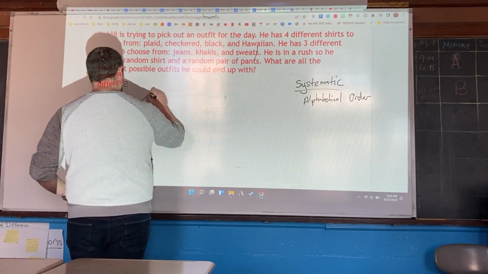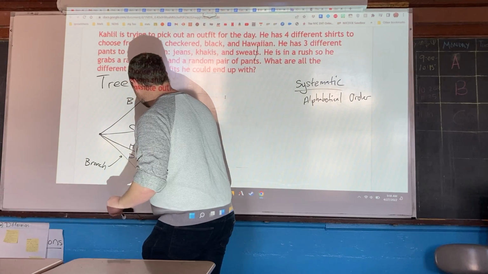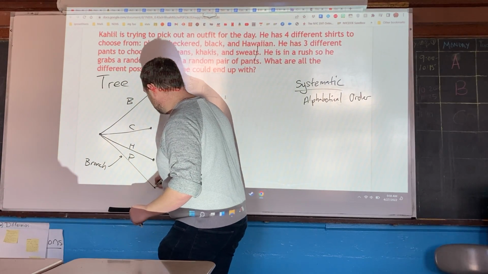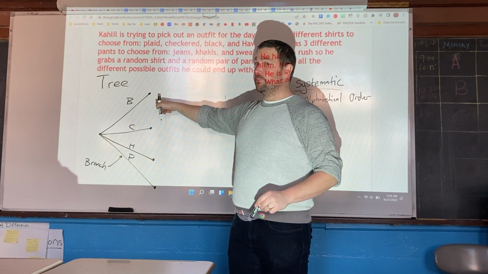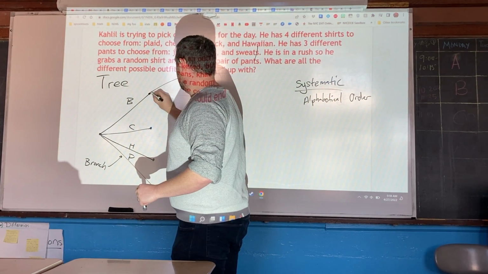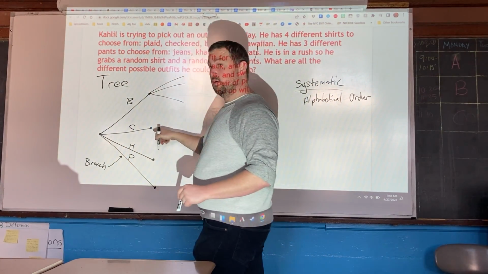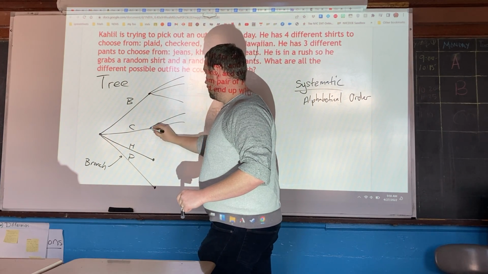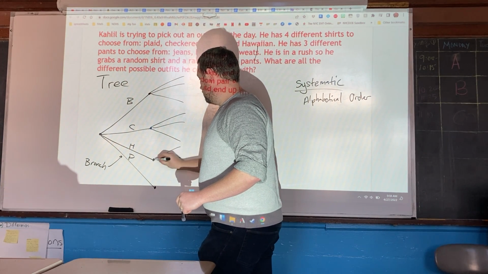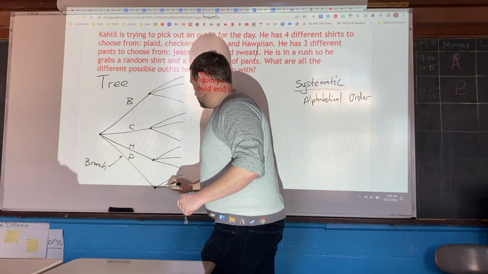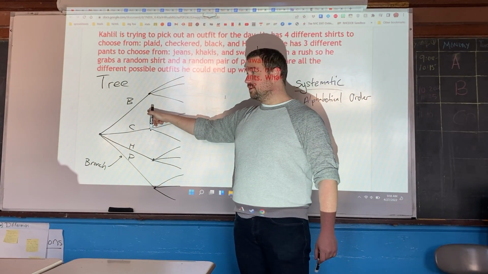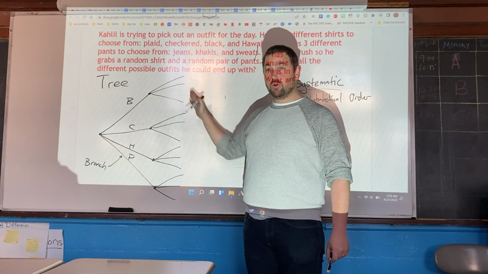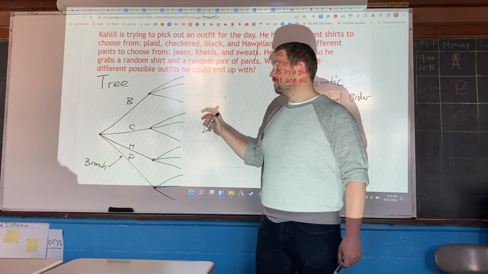After he grabs a shirt, what is the next thing that he's going to do? Grab a pair of pants. How many pants were there to choose from? 3. Each branch gets the future possible pathways.